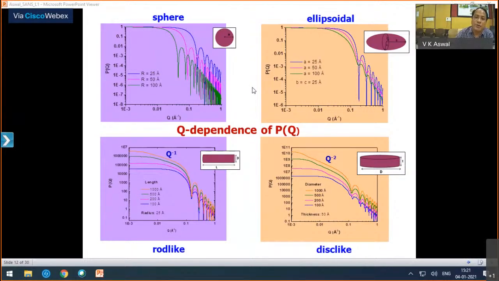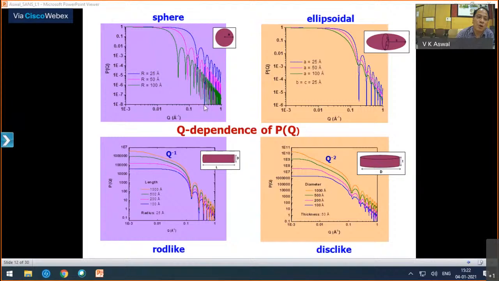Then you can differentiate different shapes of the particles because their intraparticle structure factor will be different. So this is for different sizes of spherical particles.